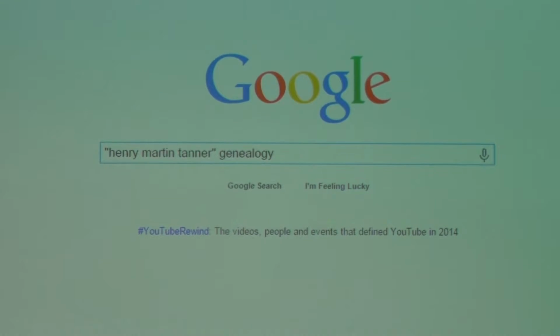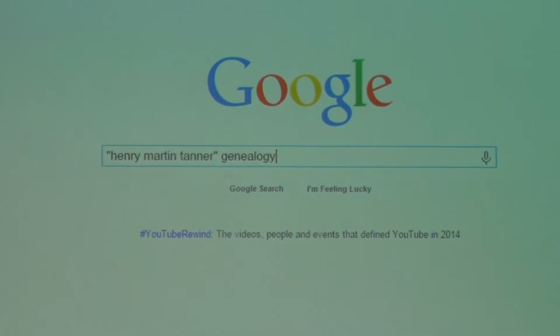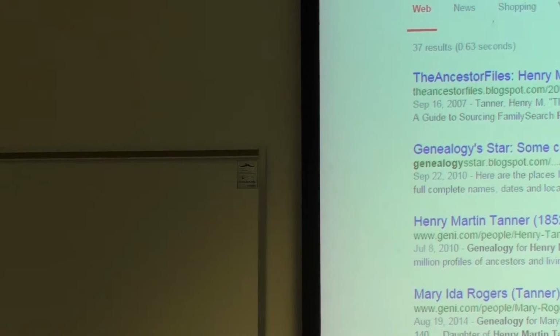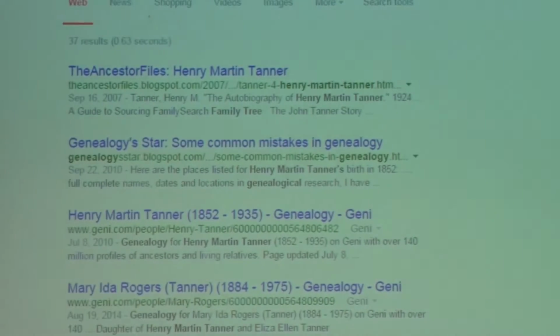If I'm not sitting alongside somebody showing what they're doing, I will automatically start randomly putting in the names with the quotation marks to see what comes up. You're basically not wanting to spend a great deal of time doing some exhaustive research on something that could be answered in 10 seconds.